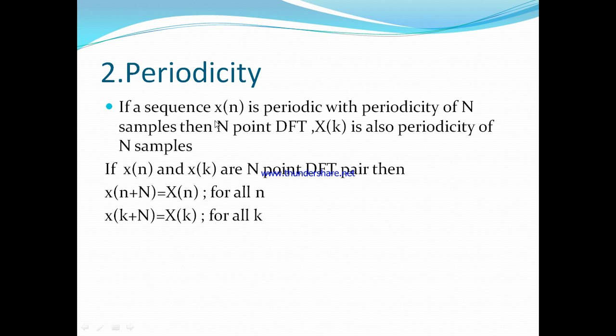A sequence x of n that is periodic with N samples means its DFT is also periodic with N samples. So here x of n and X of k are an N-point DFT pair, which means x of n plus N equals x of n, and X of k plus N equals X of k. So this is the periodicity property.